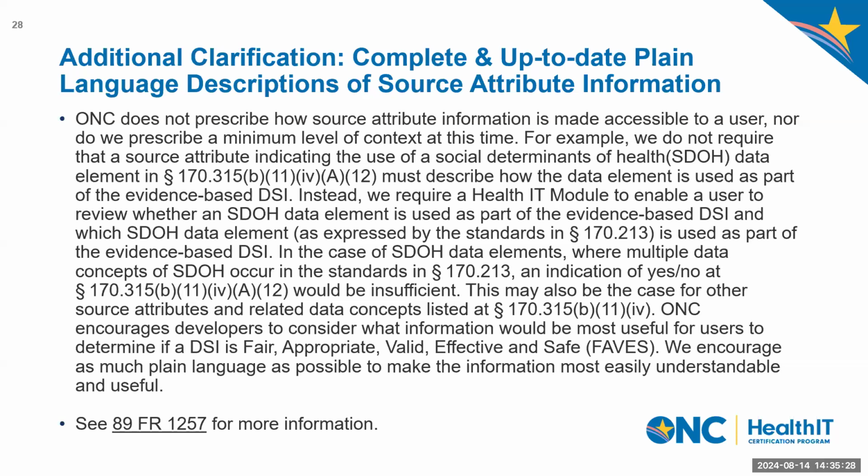For example, we do not require that a source attribute indicating the use of social determinants of health must describe how the data element is used as part of the evidence-based DSI. Instead, we require a module to enable a user to review whether a social determinant of health data element is used as part of the evidence-based DSI, and which social determinant of health data element is used as part of the evidence-based DSI.